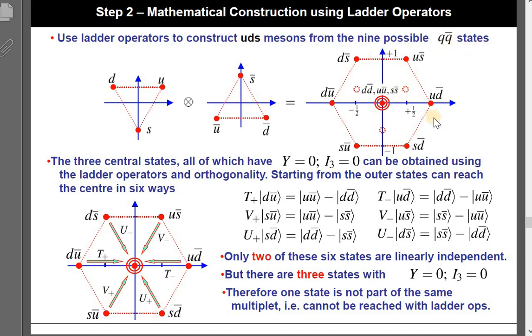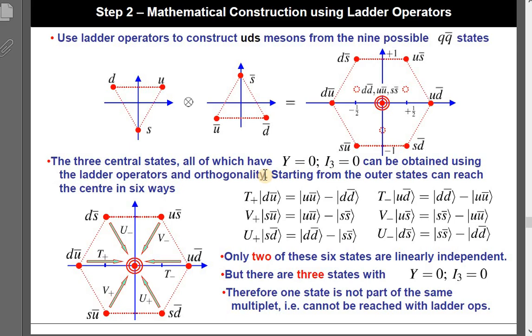So this is what we have obtained. It's important to note that the three central states all have Y equal to 0 and I3 equal to 0. And this can be obtained using the ladder operators and orthogonality.